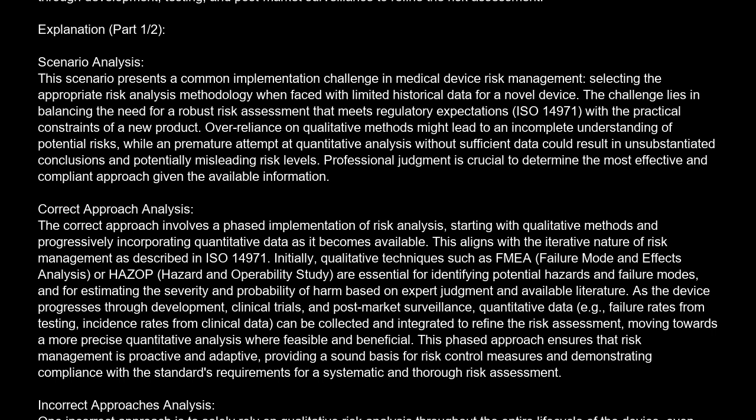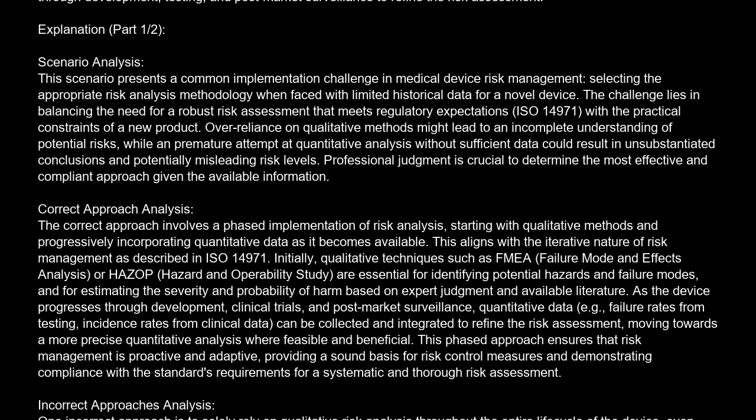Professional judgment is crucial to determine the most effective and compliant approach given the available information. Correct approach analysis. The correct approach involves a phased implementation of risk analysis, starting with qualitative methods and progressively incorporating quantitative data as it becomes available.